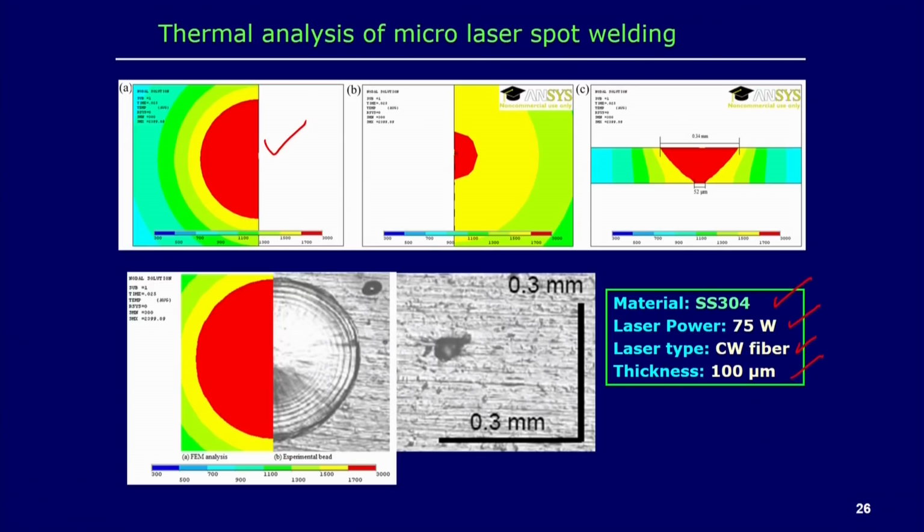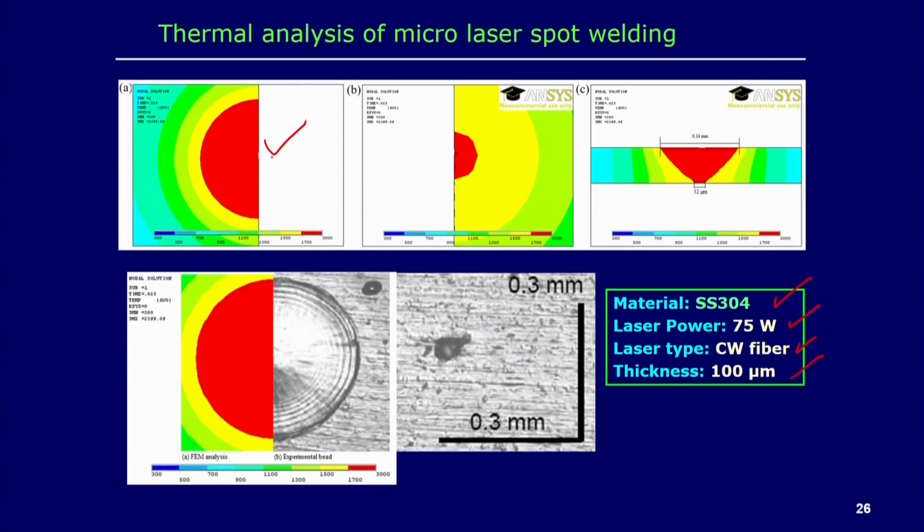That means it is not necessary computationally to solve the temperature distribution for the whole domain, so we can reduce the computational time depending upon the symmetric nature of the problem. Only half of this part can be used for the simulation. Here you can see the top surface profile of the weld pool, and this is the bottom surface.